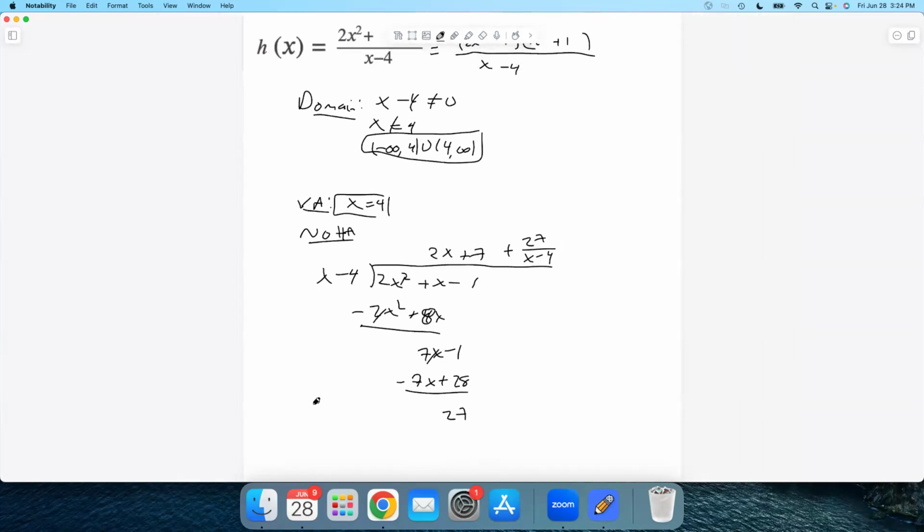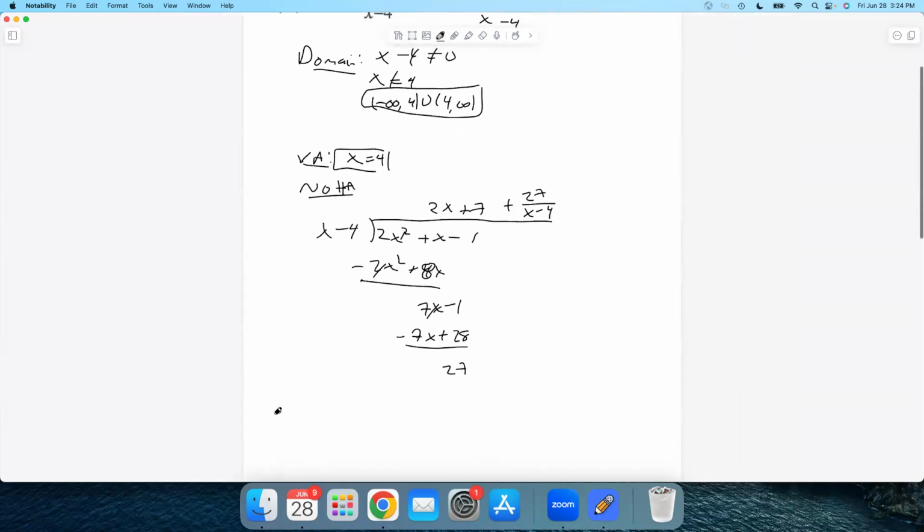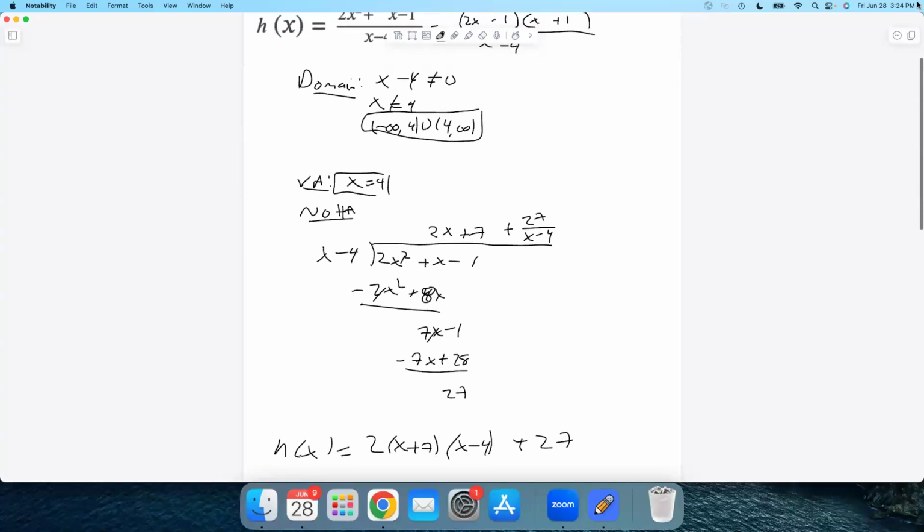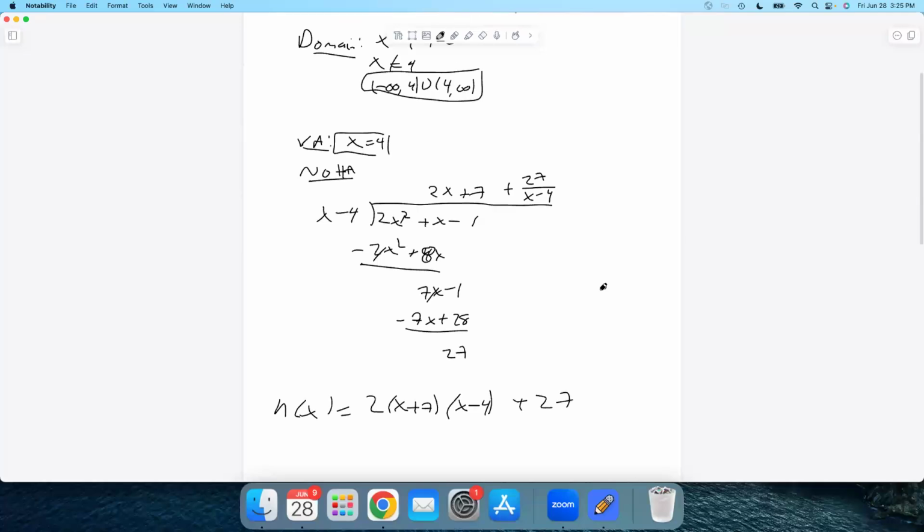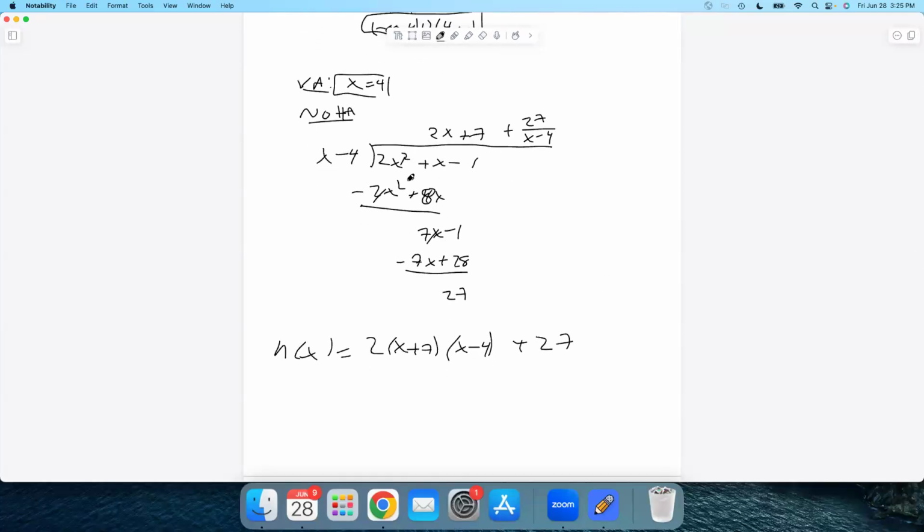So that means this original fraction, h of x, could be written as 2x plus 7 times x minus 4 plus that remainder. No, sorry, that means the dividend could be written as that.